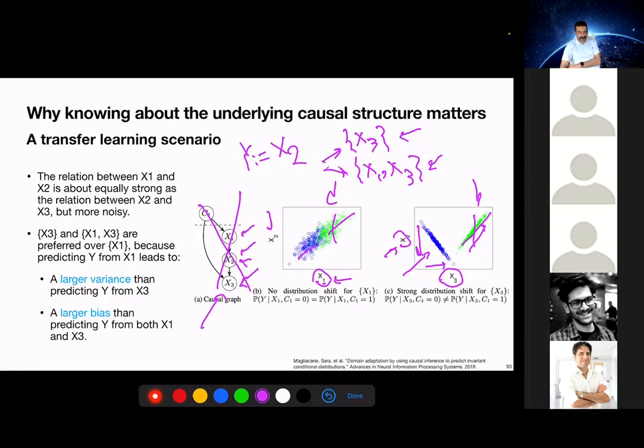And in this case, we know that this context variable would change the distribution across environments. So if we are able to intervene on X1, by knowing the intuition behind BayesNet, we know that if we fix X1, the change in C1 would not affect X2, right?